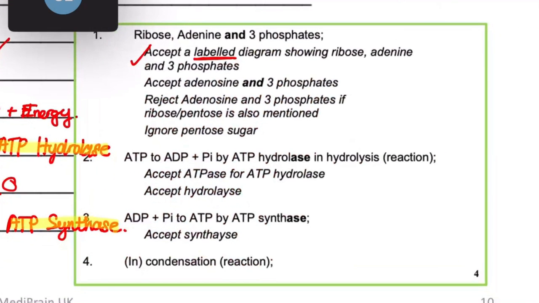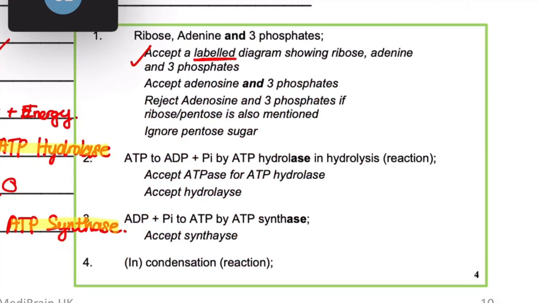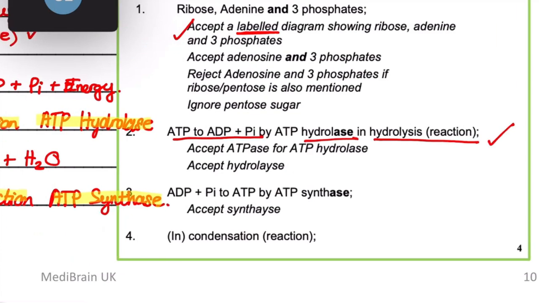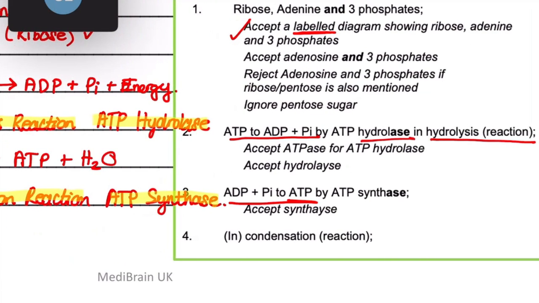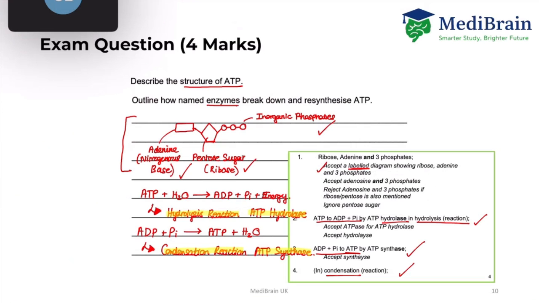Then ATP to ADP plus Pi by ATP hydrolase in a hydrolysis reaction, and ADP plus Pi to ATP by ATP synthase in a condensation reaction. So we've got all 4 points, so we've got 4 marks.